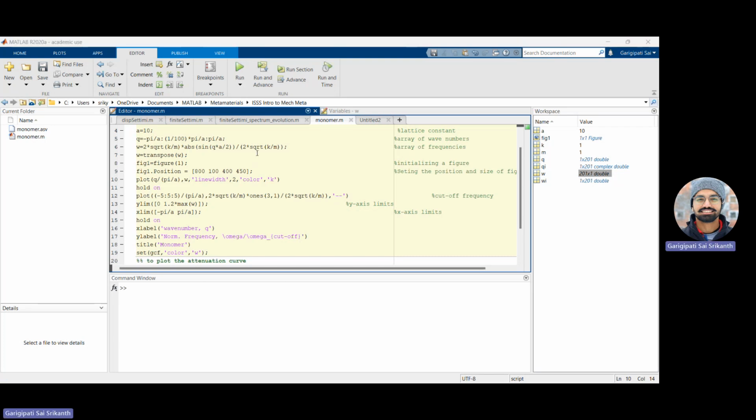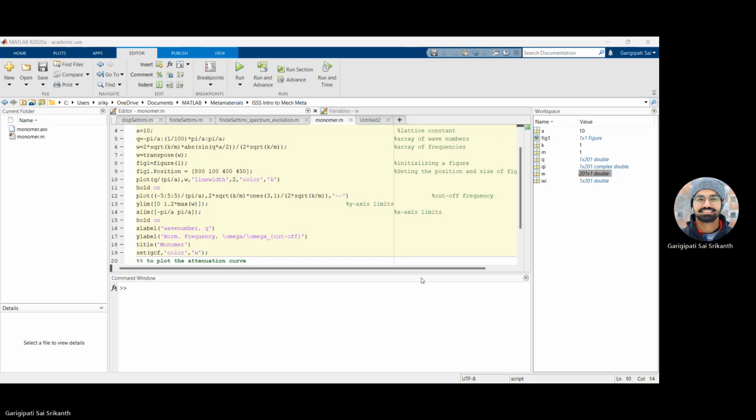I think it should be -1 to 1. Yeah, -1 to 1, but x limits have not been changed.